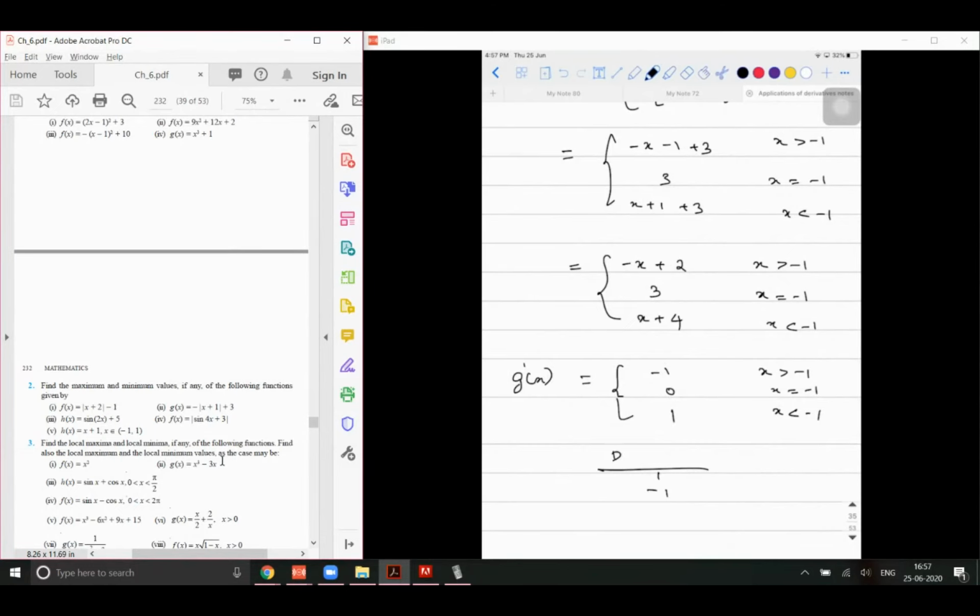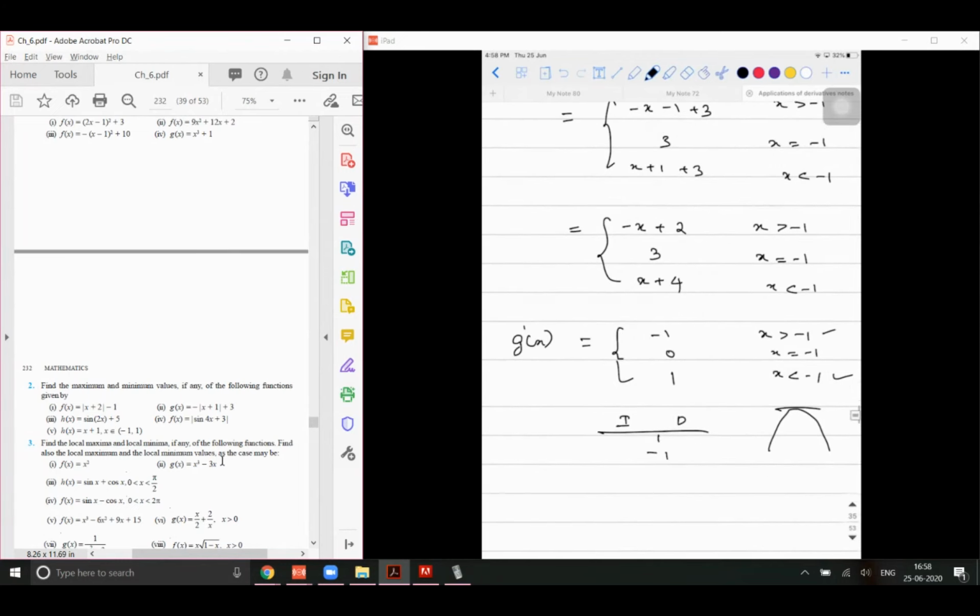On left of minus 1 it is increasing. On right of minus 1 it is decreasing. So increasing to decreasing, it will be the point of maximum. What is the value of g of minus 1? That is the maximum.